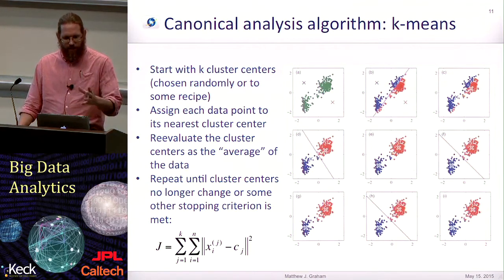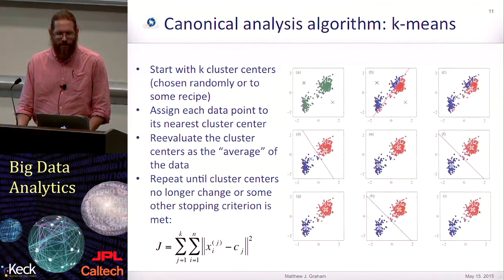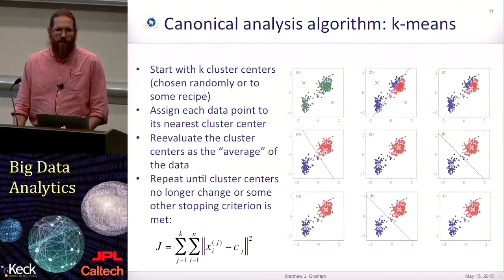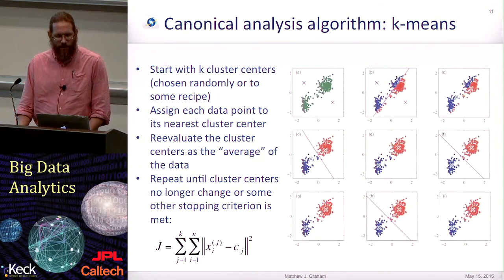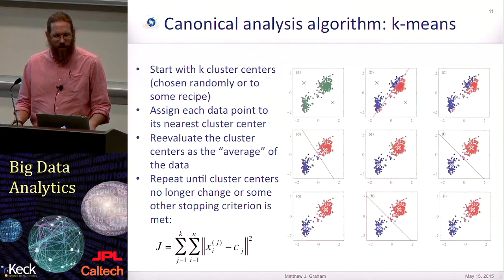So briefly, you just start with k cluster centers, where k is a number that you can choose randomly, or you have some recipe for guessing the number of clusters that there will be in your data set. You assign each data point to its nearest cluster center, where the distance metric is defined in some way.